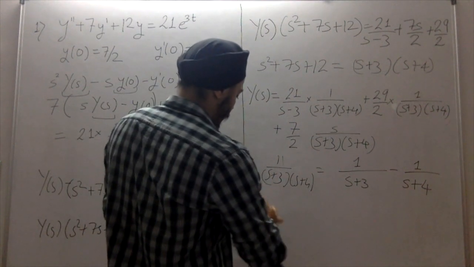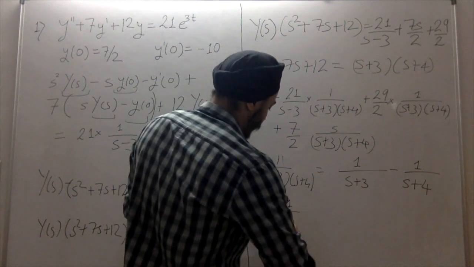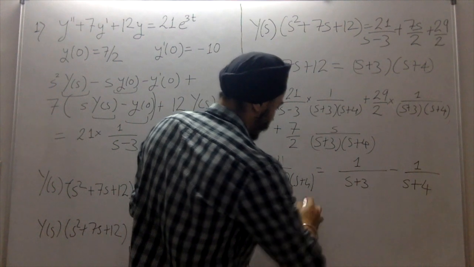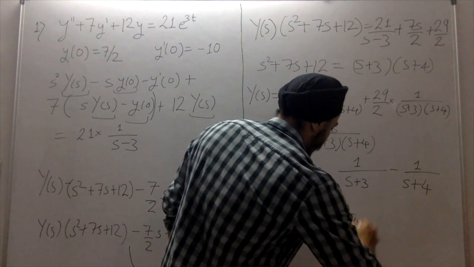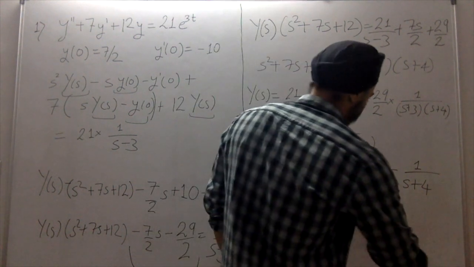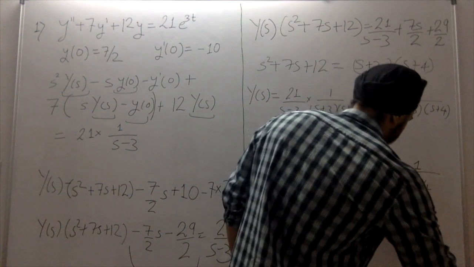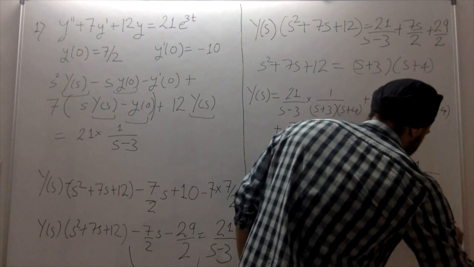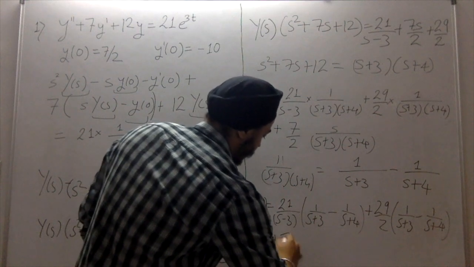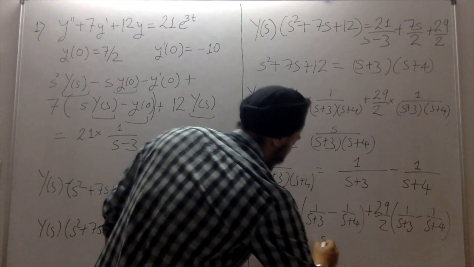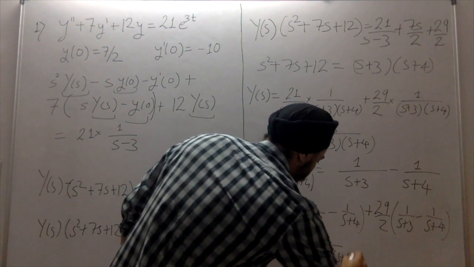So our y of s will come here as 21 over s minus 3, 1 by s plus 3 minus 1 by s plus 4, plus 29 over 2, 1 by s plus 3 minus 1 by s plus 4, and this will be split afterwards, plus 7 over 2 s over s plus 3 into s plus 4.